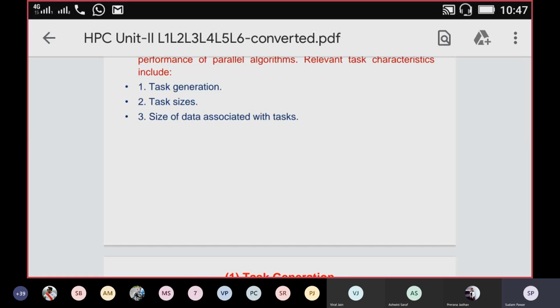So again you have to remember the characteristics of task: task generation, where you have to remember static task generation and dynamic task generation; then size of task; then the size of data associated with the task. These are the three important task characteristics.